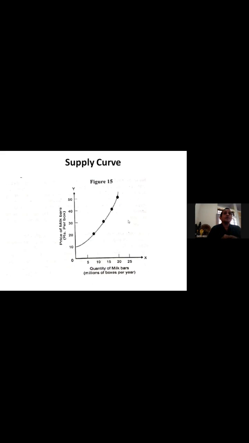Now, if we talk about the supply curve, we'll use the same example of the milk bar. Here, the y-axis represents the price of milk bars per box. That is 10, 20, 30, 40 as it was shown in the supply schedule.